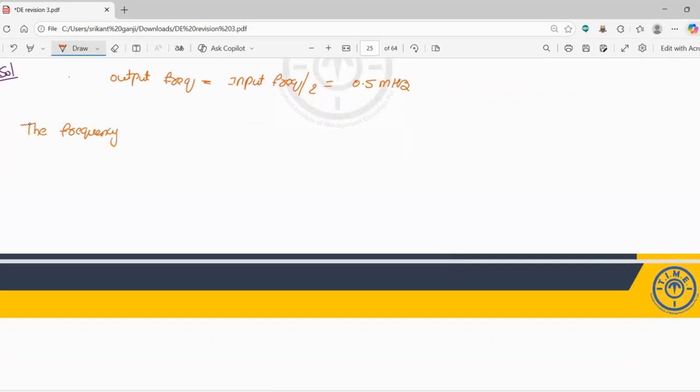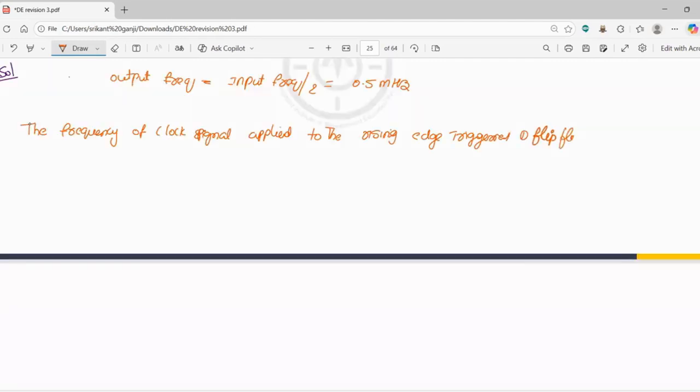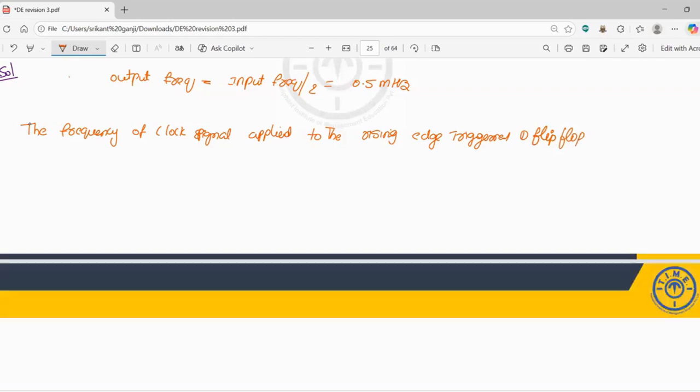The frequency of the clock pulse or clock signal applied to the rising edge triggered D flip-flop shown in the figure is 10 kilohertz.